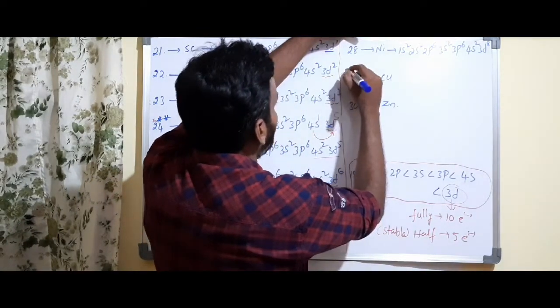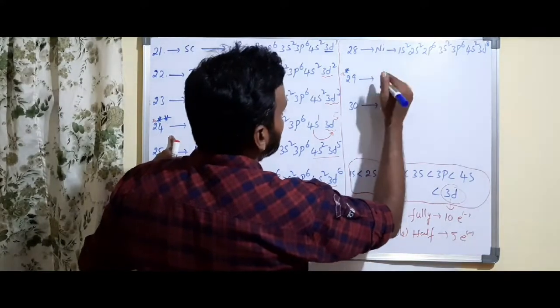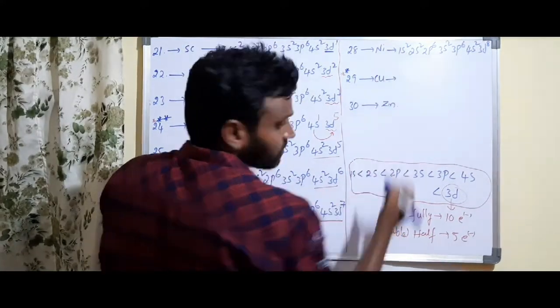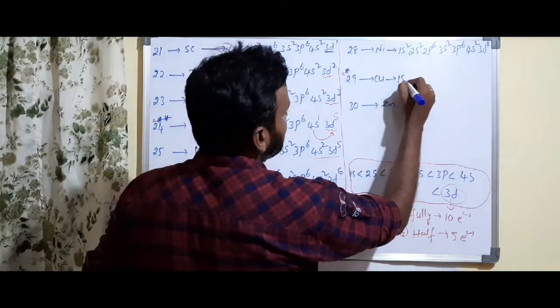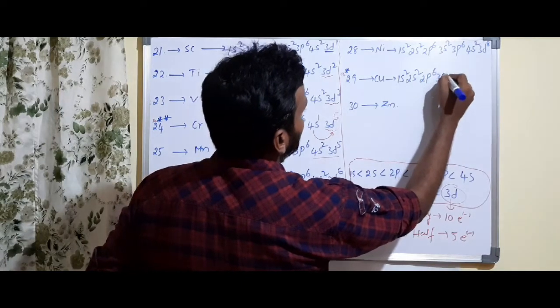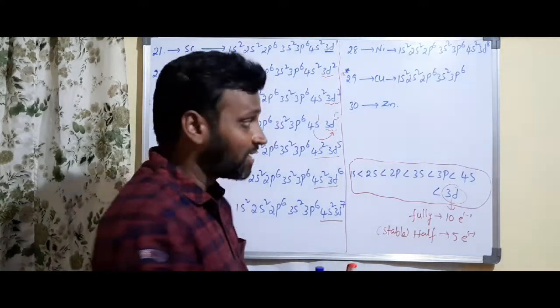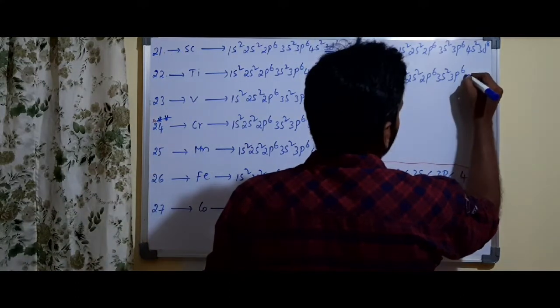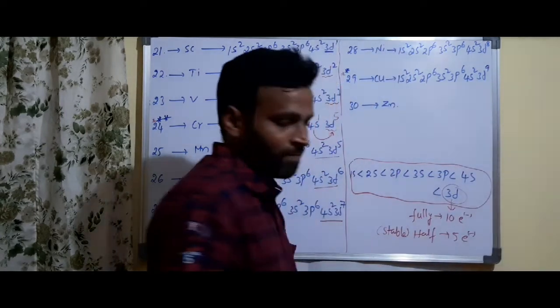Next for copper, the same story. Copper is exceptional again, like chromium. So you have copper like this: 1s2, 2s2, 2p6, 3s2, 3p6. Here also the same story, 4s2, 3d9.